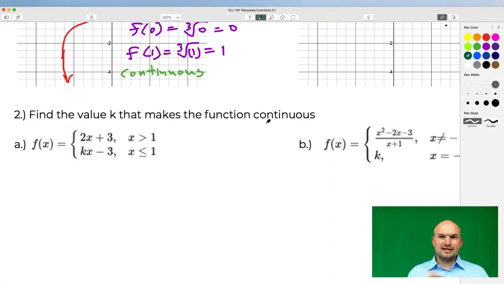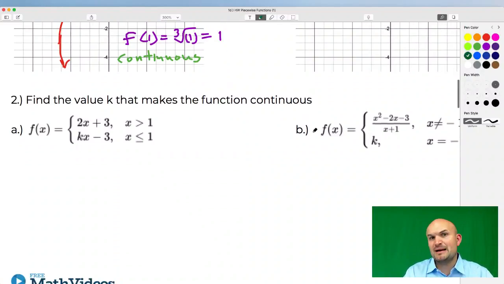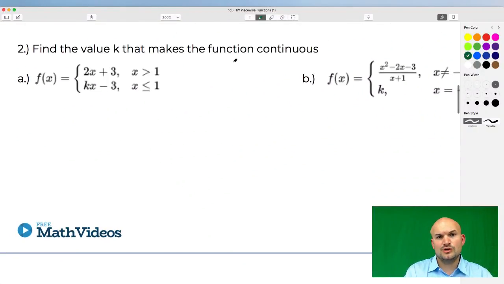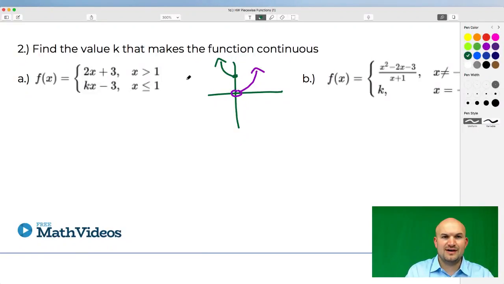All right, the next one is find the value k that makes the function continuous. So the way that I kind of described this with my class earlier today was, if you have a function, here's your one function and then here's the other function. Let's say this is f of x plus 2.